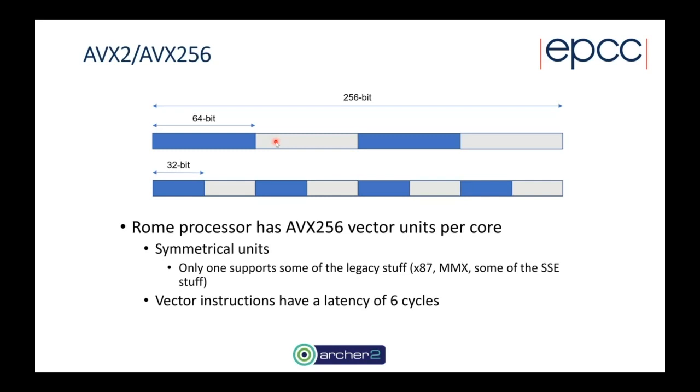So bfloat16 kind of functionality where you could do 16 half precision numbers at once as well. But that's not something we can really exploit here on the AMD processors for Archer, but for future processors, that kind of functionality is coming in.